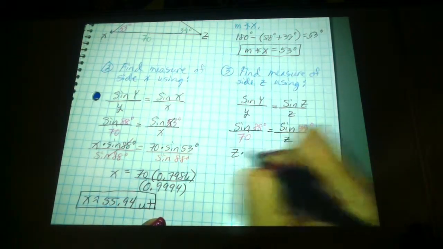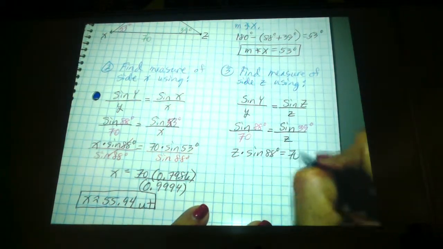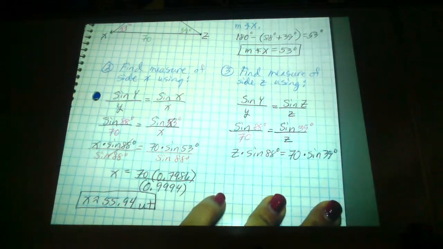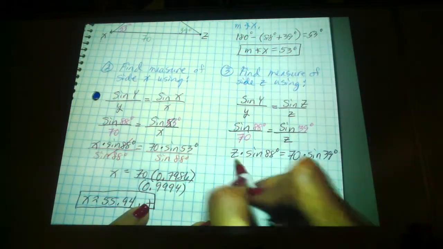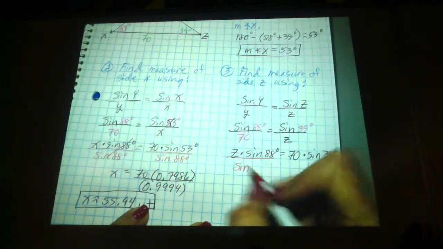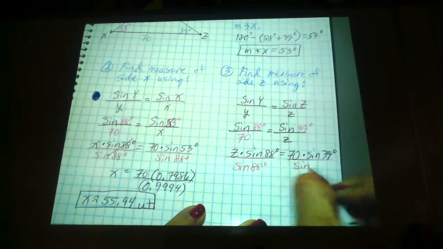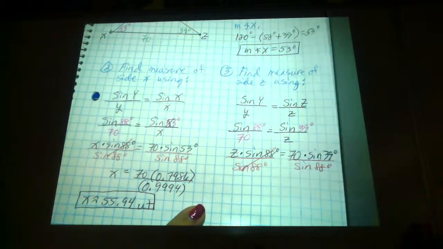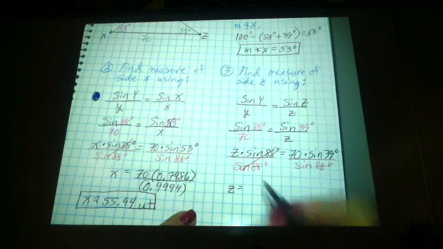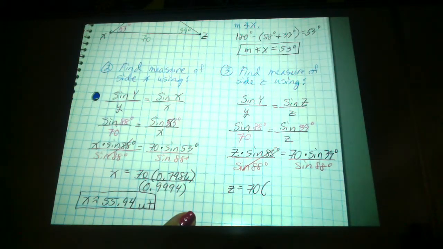So Z times sine of 88 degrees equals 70 times sine of 39 degrees. Got to solve for Z, so undo what's happening to it by dividing by the sine of 88 degrees to both sides. And I get Z is equal to 70 times, I've got to look up the sine of 39 degrees.